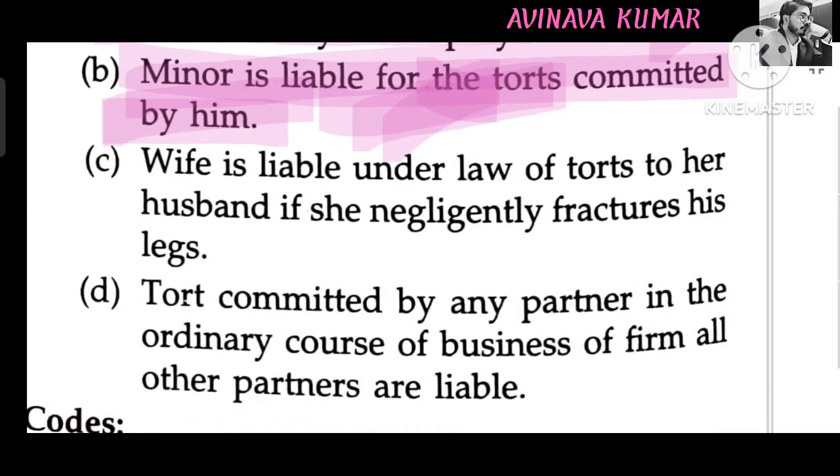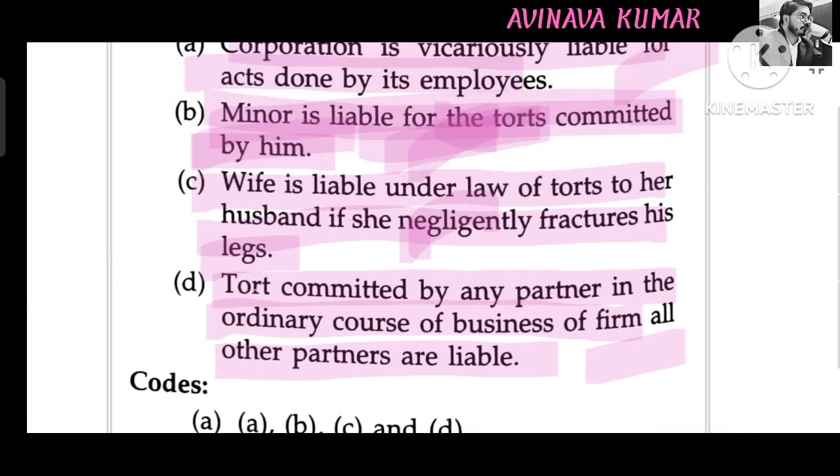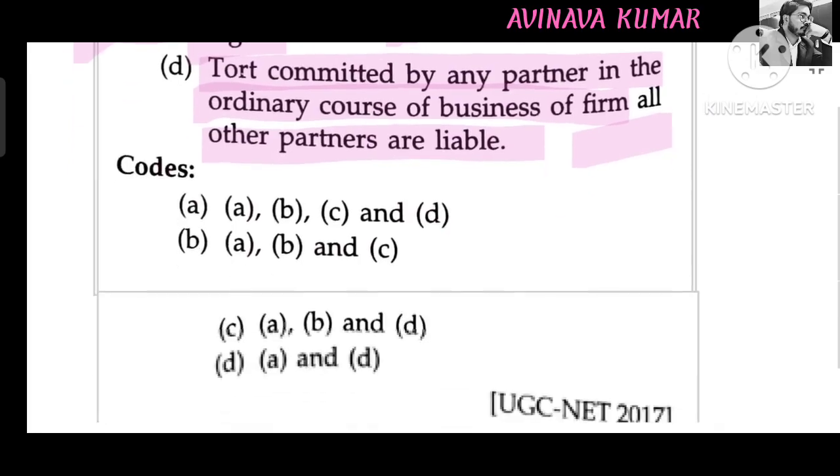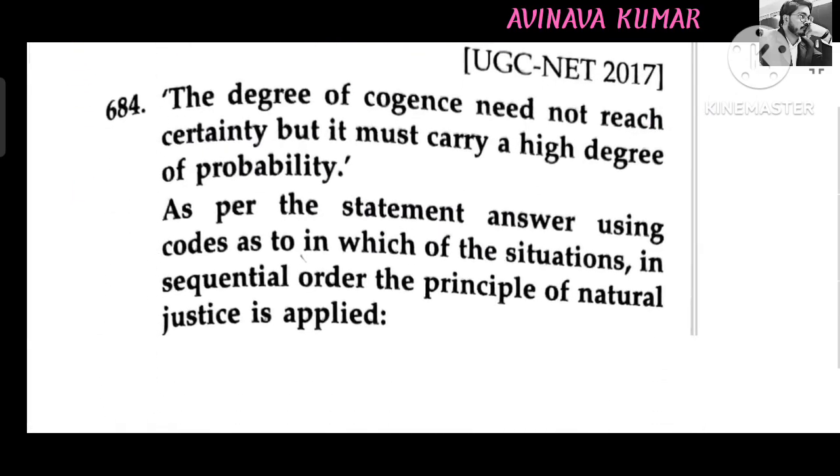Wife is liable in tort to her husband if she negligently fractures his leg, wrong. For a tort committed by any partner in the ordinary course of business of the firm, all other partners are liable, right. C is wrong, rest is right. Answer is C. A, B and D.